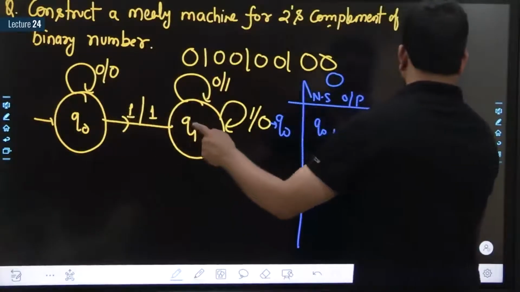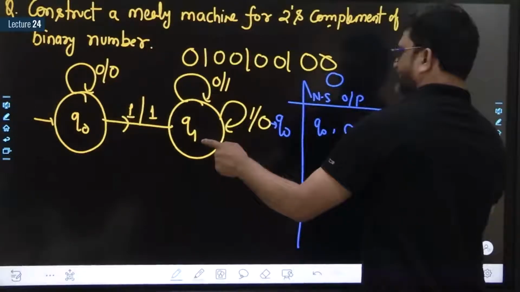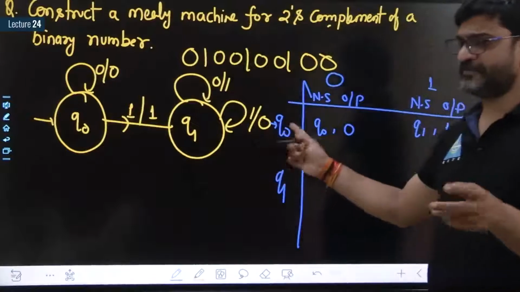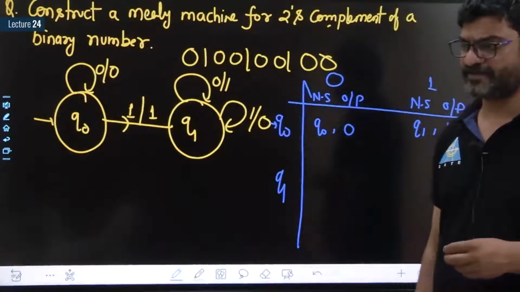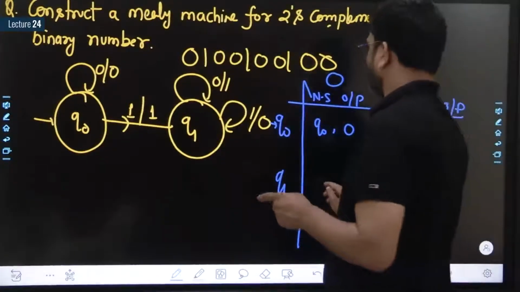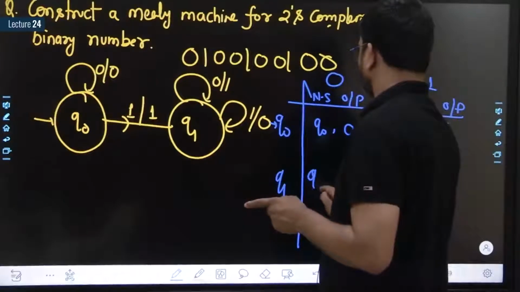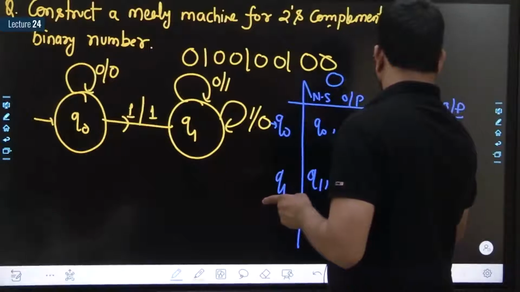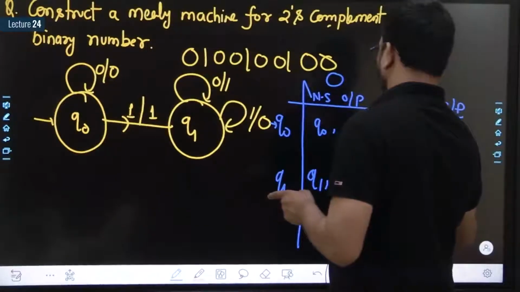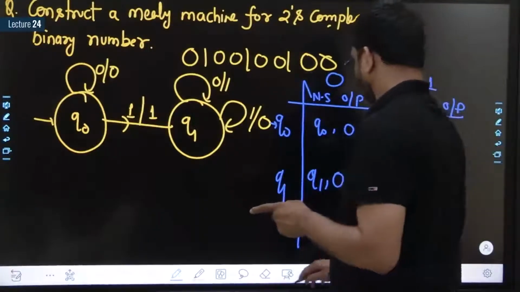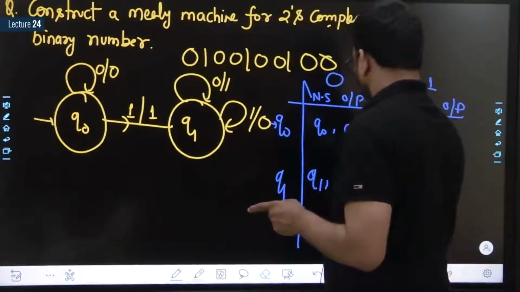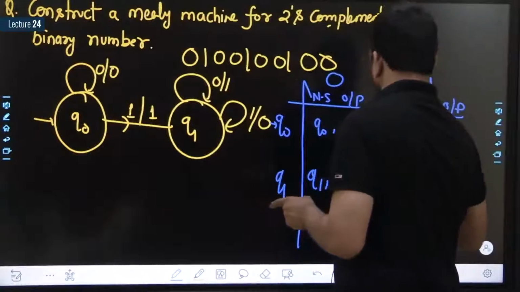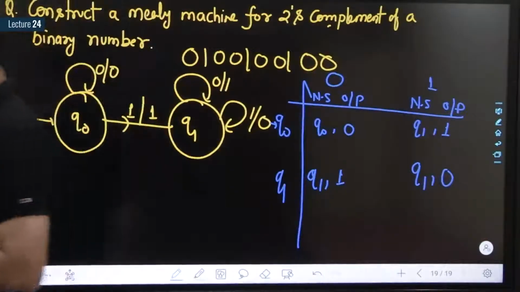On 1, Q1, output is 1. In the Moore machine we would have 3 states for 2's complement. Q1 on 0, Q1, output is 1. On 1, Q1, output is 0. This is the transition table for that.